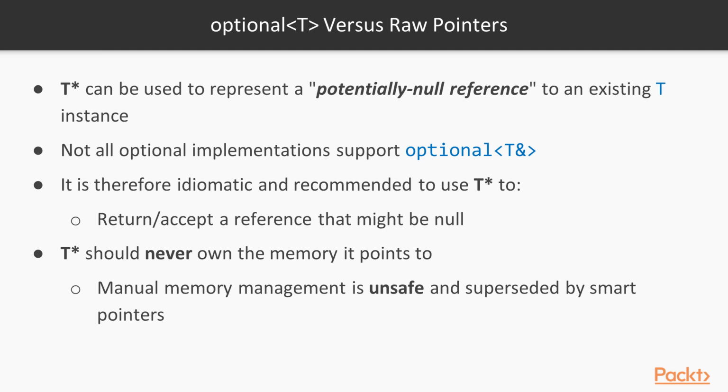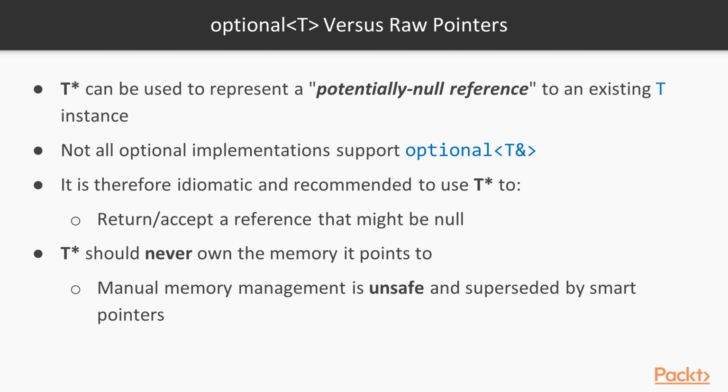It's also useful to compare optional to a raw pointer. T star can be used to represent a potentially null reference to an existing T instance. Remember that in modern C++, a raw pointer should never have ownership semantics. Not all optional implementations support optional of T ref, which means a reference that can be or not be there.